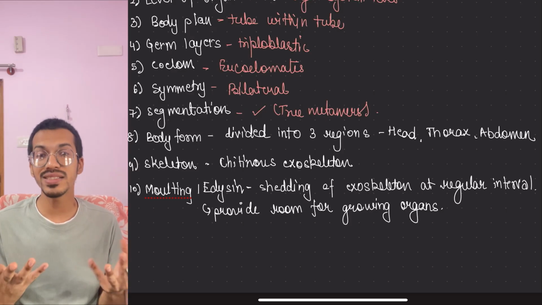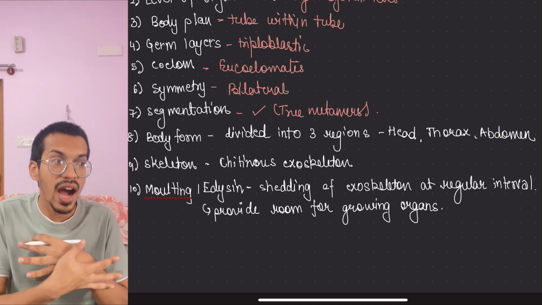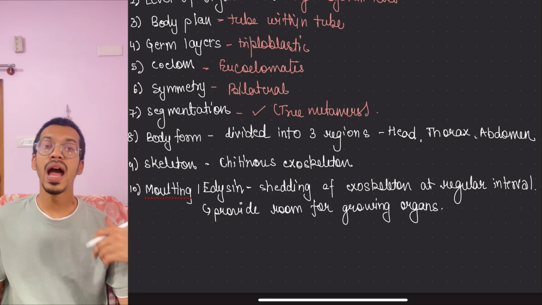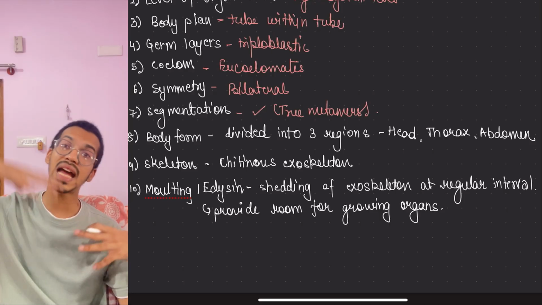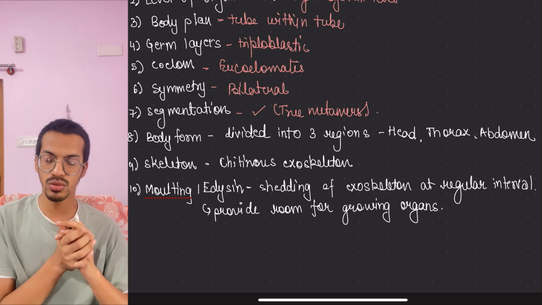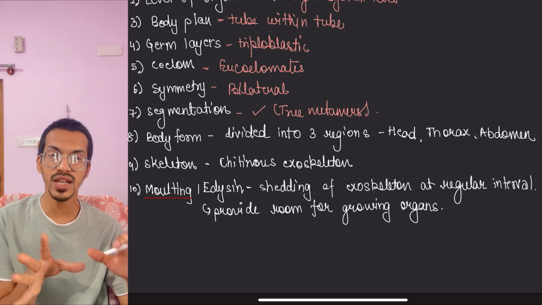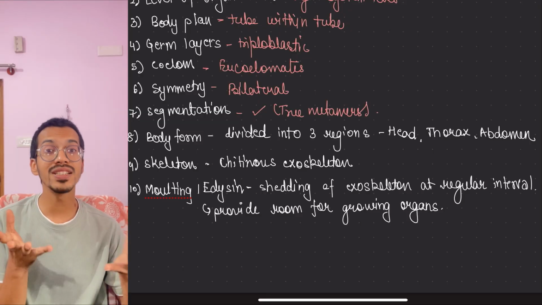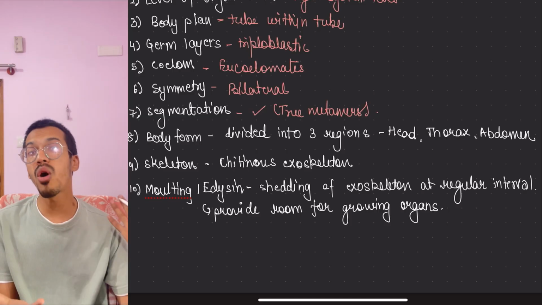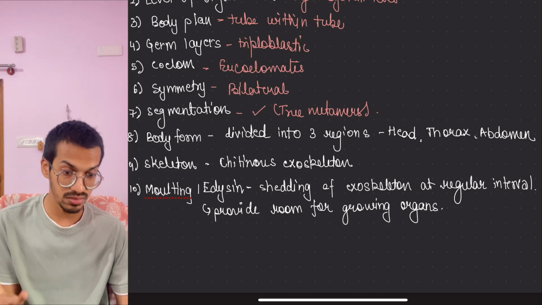That's why it is said that these insects are highly diversified, the most abundant phylum, and present since time immemorial. How did they become so large? Because of this chitinous exoskeleton, which protects them from a lot of problems.